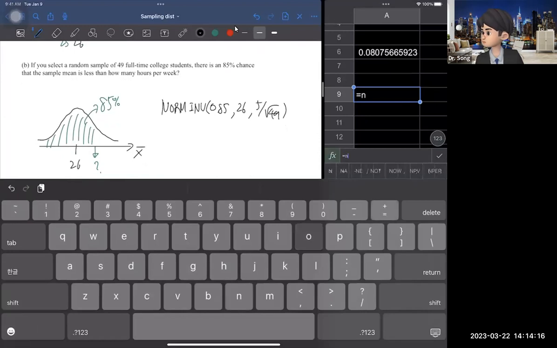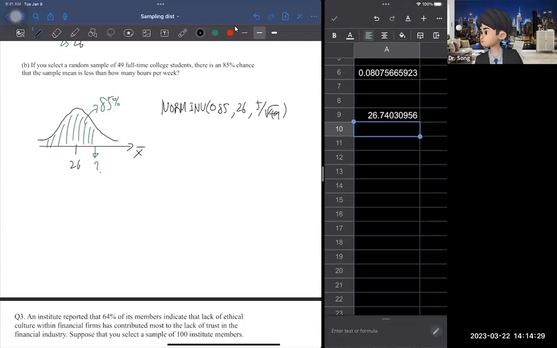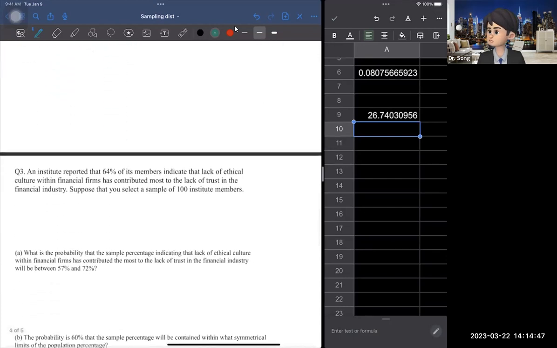Put the equal sign, NORM.INV, 0.85, so that's the 85%, and then mean equals 26, standard deviation is 5/7. Then that is 26.74. Of course, you can use the standard normal table, but here I'm trying to show you how to find the answer real quick by using Excel. Okay? Now let's move on.